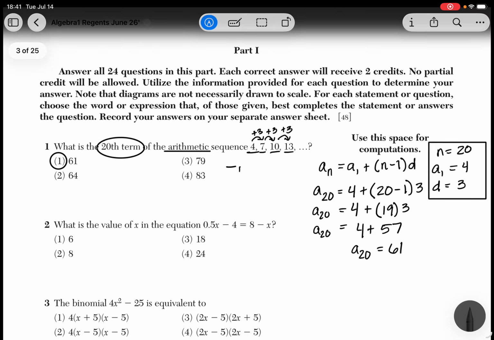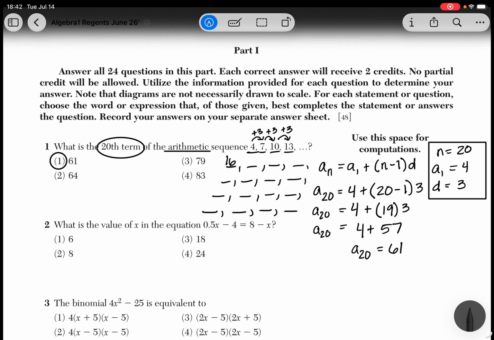So 5, 6, 7, 8, 9, 10, 11, 12, and keep going, 13, 14, 15, 16, 17, 18, 19, 20. So 13 plus 3 is 16, and keep going from there.